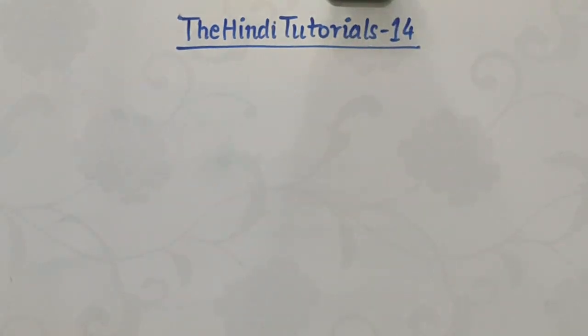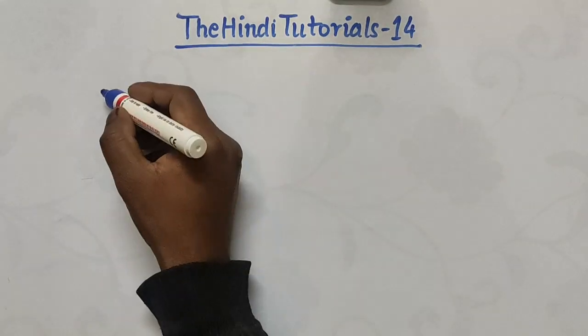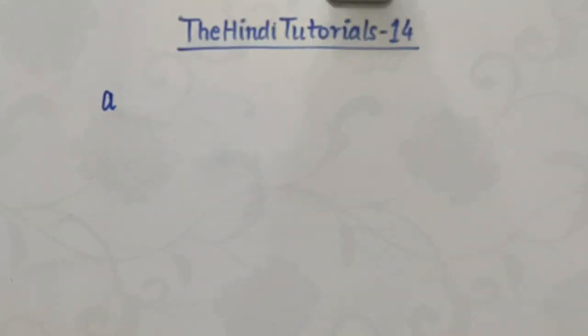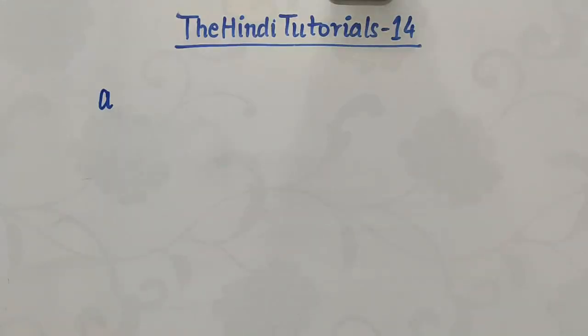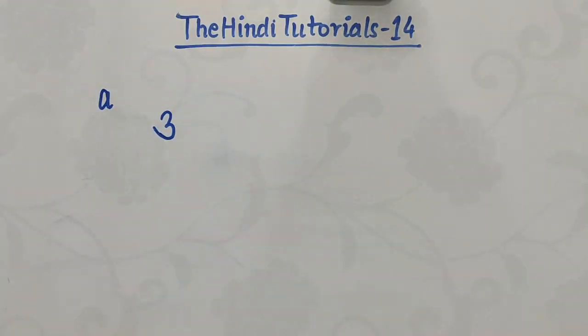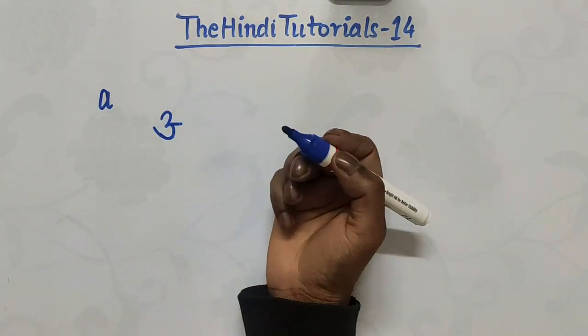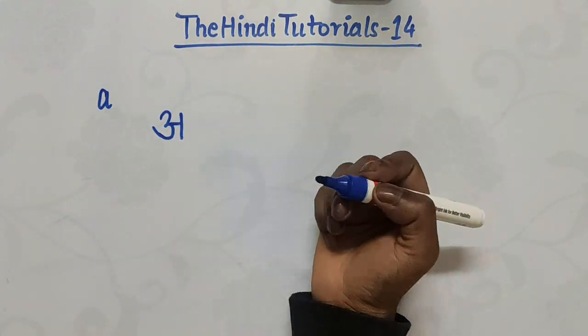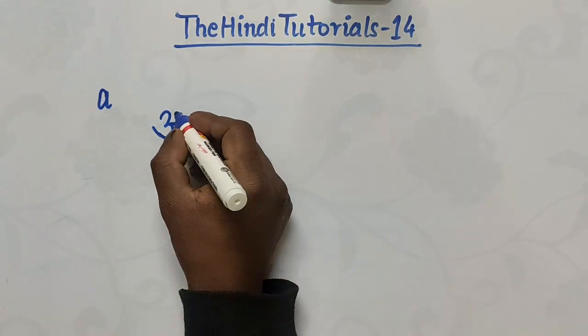Now we are ready for writing. ठीक है, start करें. The most basic sound is a short vowel. Now I'll write it for you. Write a 3, elongate at the lower end, a horizontal line, a vertical line, and finally the Shirorekha.